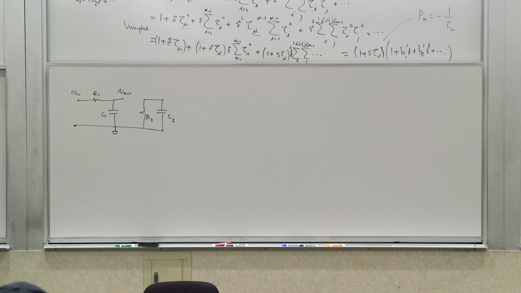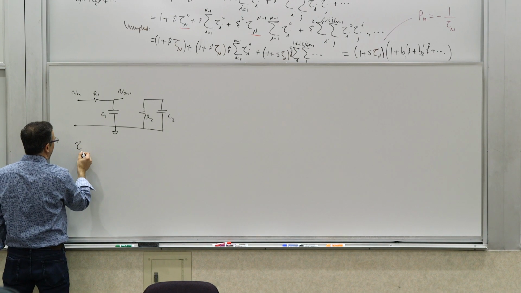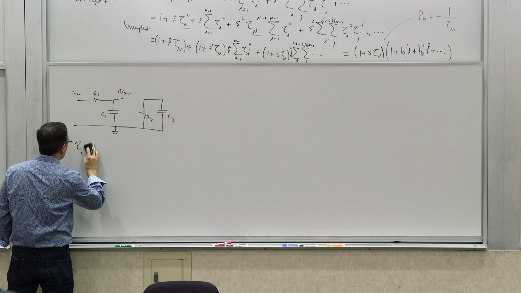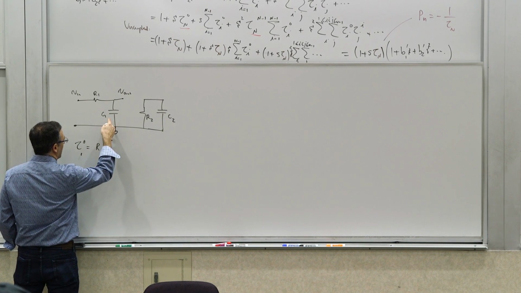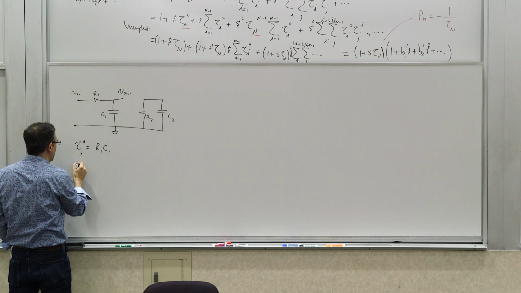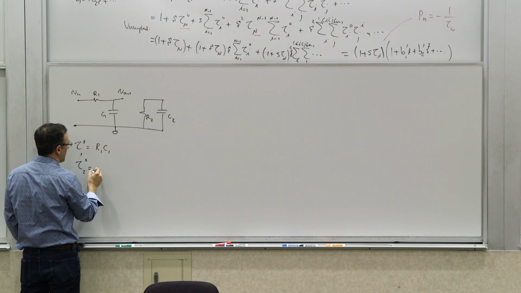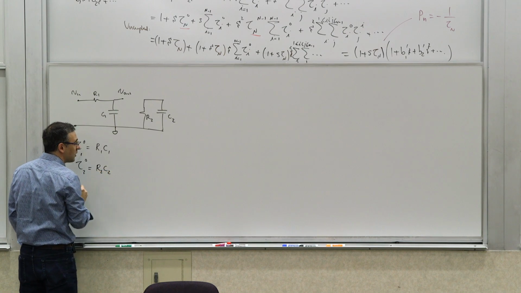So what are the time constants for this? Well, there are two zero value time constants. There's a tau 1,0, which is R1 C1, obviously here. And then there's a tau 2,0, which is R2 C2.